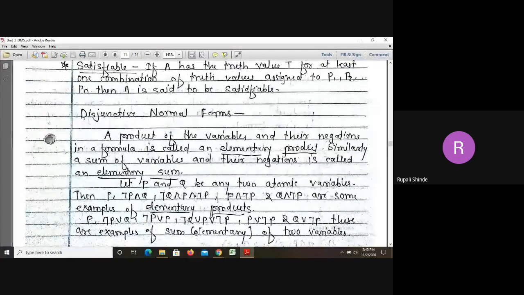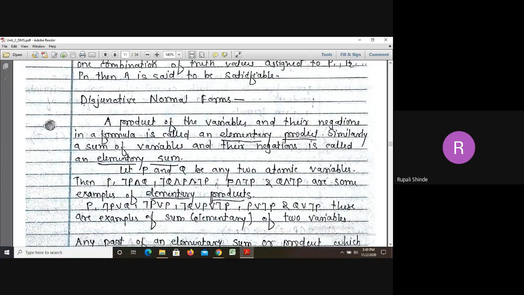So here a variable is given. If you consider P and negation P, variable P is given and its negation is given, negation P, and these two are connected by this AND symbol, that is the product symbol. That's why this is called an elementary product. Likewise we can define elementary sum. A sum of variables and their negations is called an elementary sum.